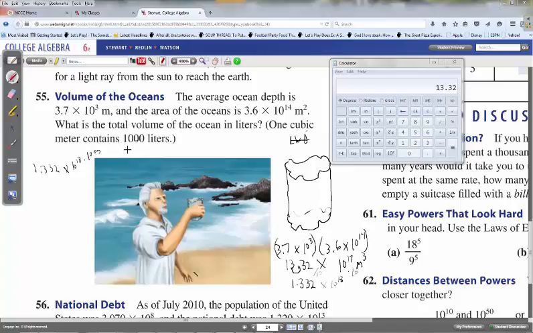But since 1,000 is just 10 to the third, 10 to the third times 10 to the 18th, I can just add their exponents. 10 to the 21st, and that will be my answer. 1.332 times 10 to the 21st.